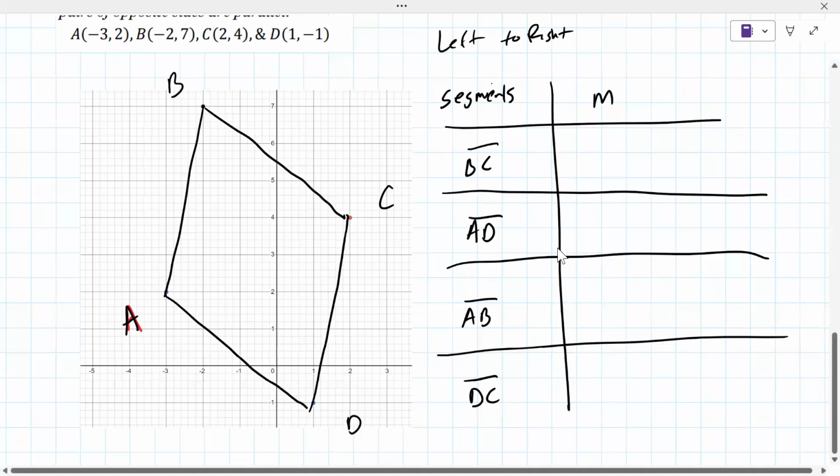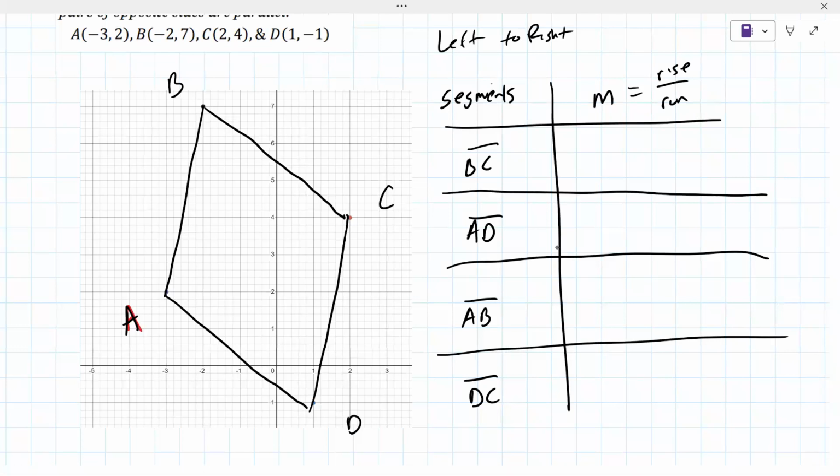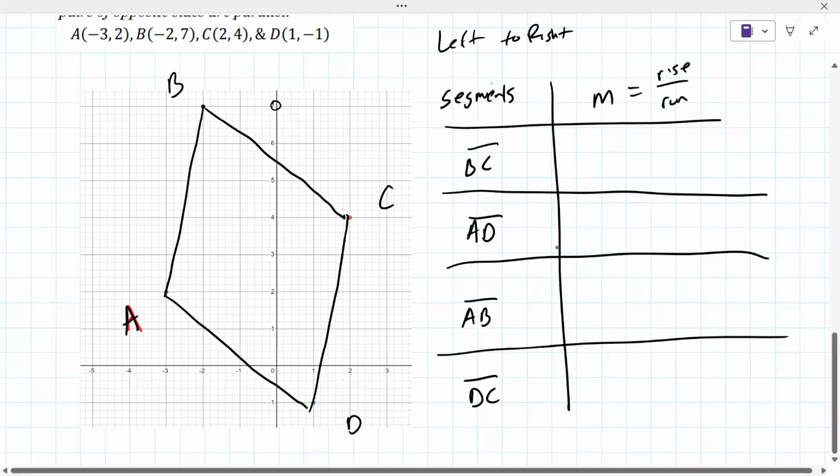Yep. Rise over the run. Do you want me to count all the little tick marks? Yeah.